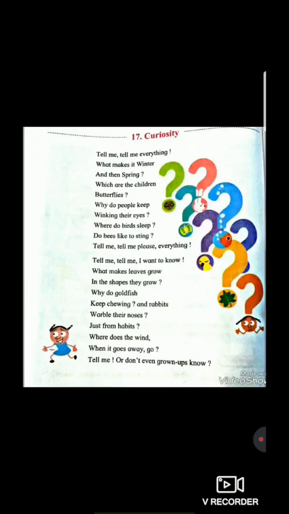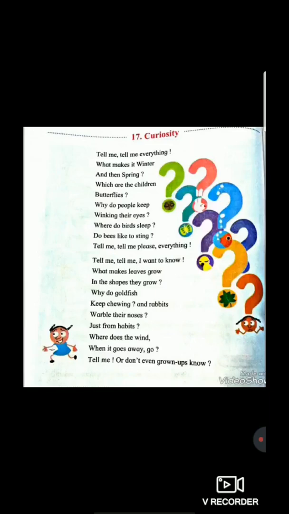Tell me everything. What makes it winter and then spring? Which are the children? Butterflies. Why do people winking their eyes? Why do birds sleep? Do bees like to sting? Tell me, please, everything. Tell me, I want to know.